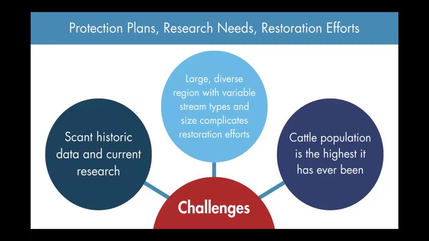This is especially true for riparian stream-type rangeland, the areas critical for endangered fish, and the areas most affected by livestock grazing. Finally, because the Great Basin is such a large, diverse region, with variable stream types and sizes, restoration efforts are complicated, but there is hope.